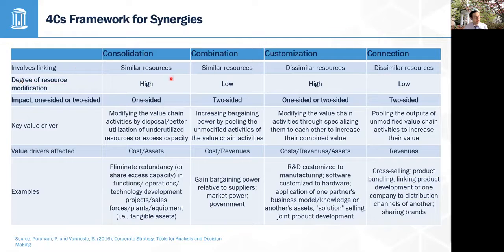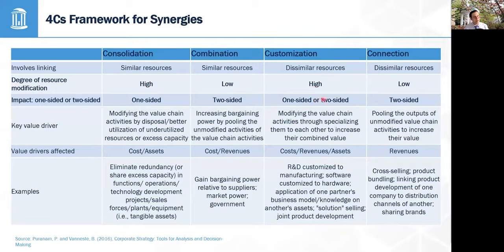So if you have high resource modification and one-sided synergies, that tends to mean that the synergy is best managed within a single firm. If you have low modification and two-sided synergies, that tends to mean that the synergy is most efficiently managed between firms.